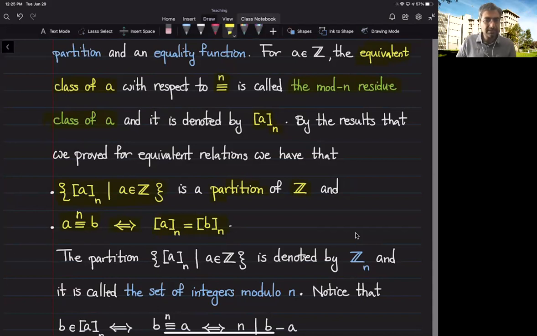So this way, instead of working with residue classes, we will be working with questions on congruence relations of integers.